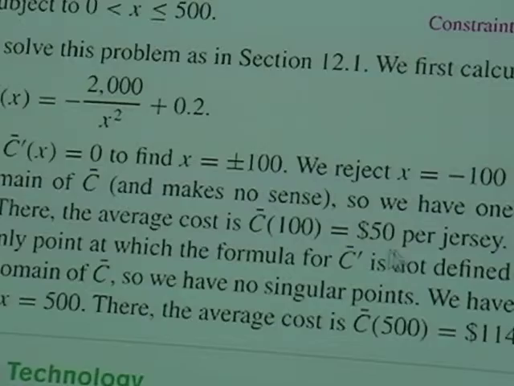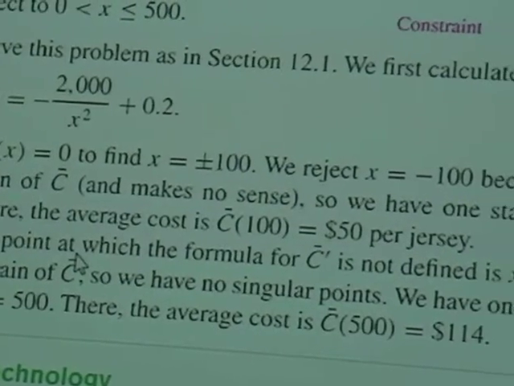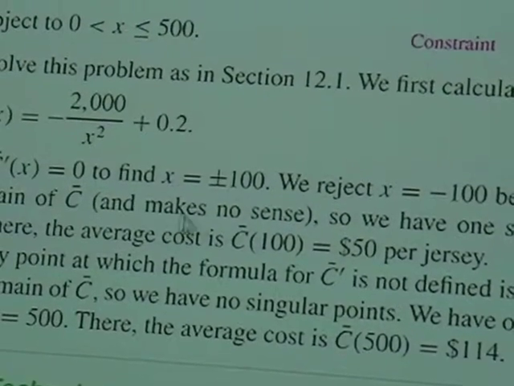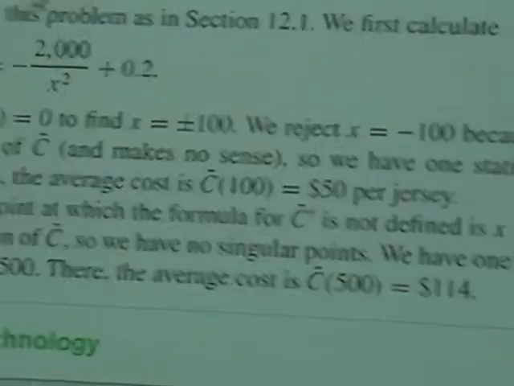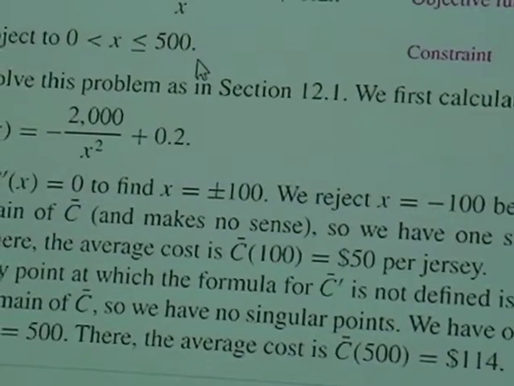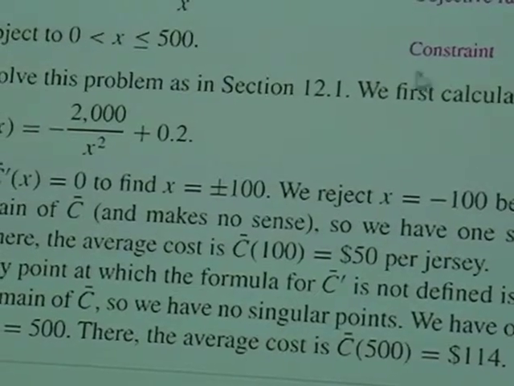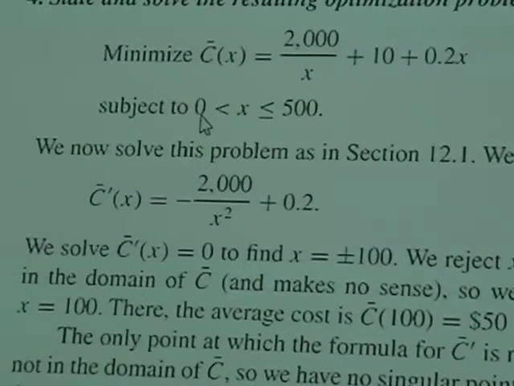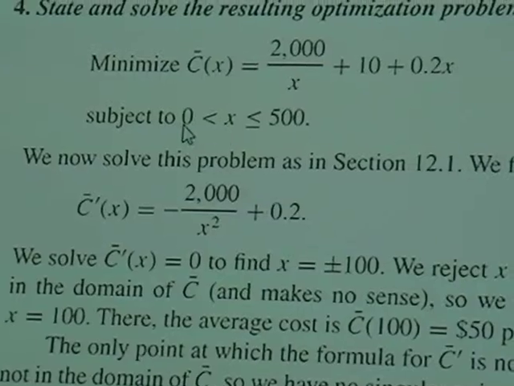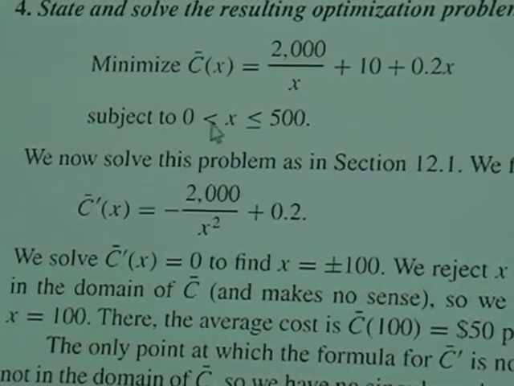So what he says to do, let's look at it. The other thing you're supposed to do is check the boundary points of the problem. What are the boundary points, or in other words, the constraints? X equals what and x equals what?